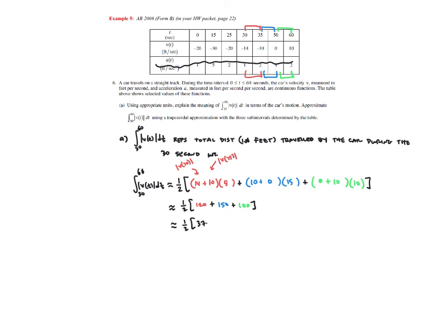Half of 370, I believe, is 185 feet. 185 total feet traveled by the car from t equals 30 to t equals 60.